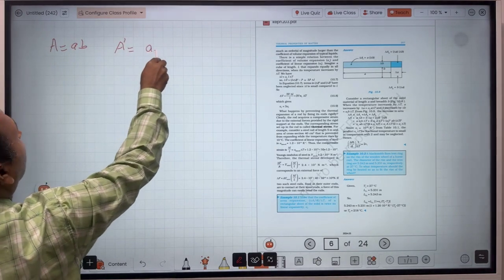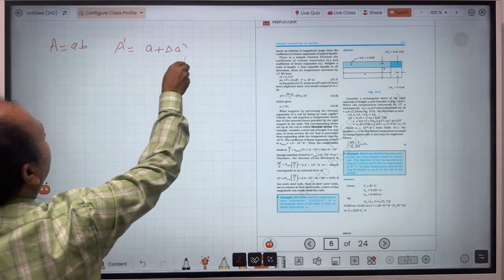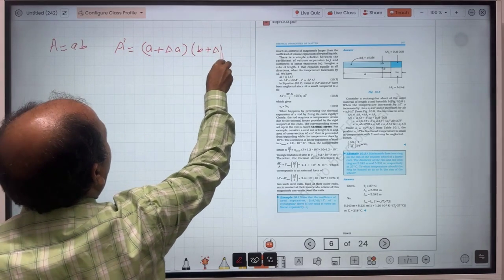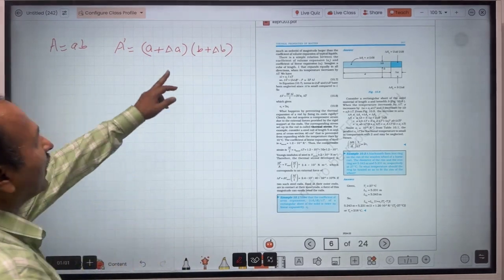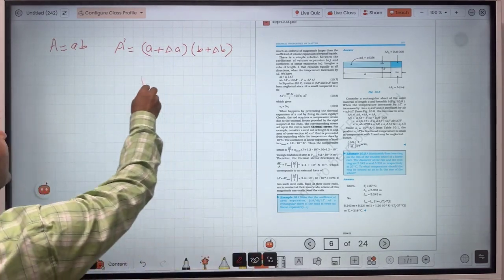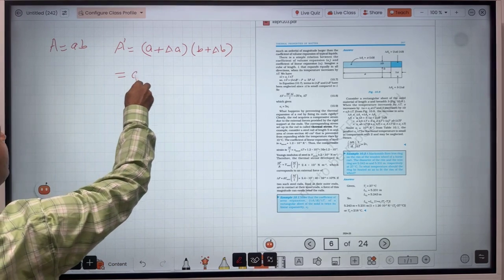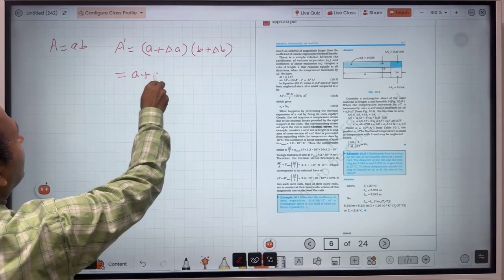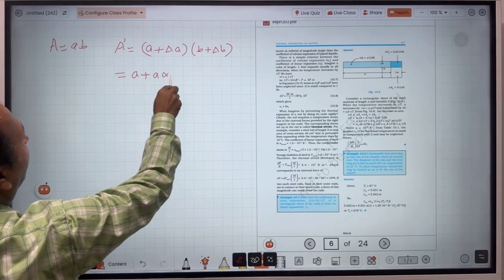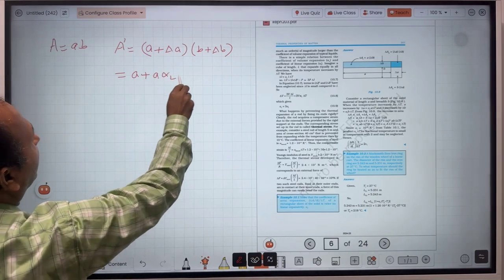The new sides are A plus delta A times B plus delta B. And this is the change in length, this is the change in length, so the same formula can be applied as we have seen previously.